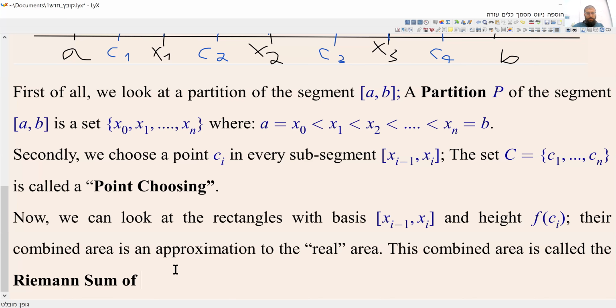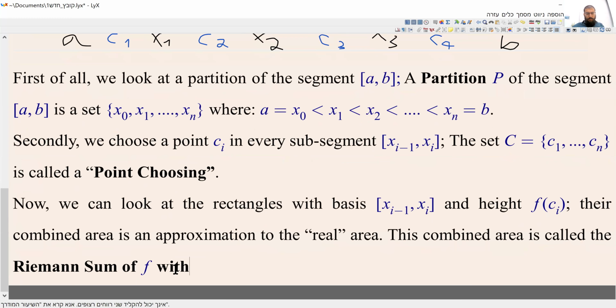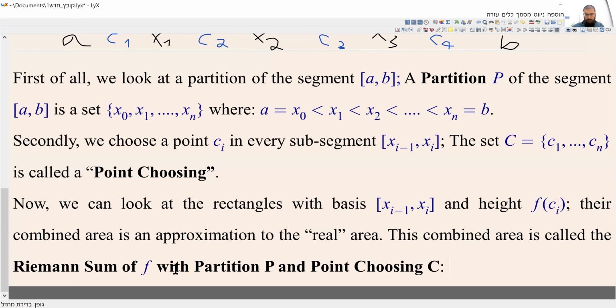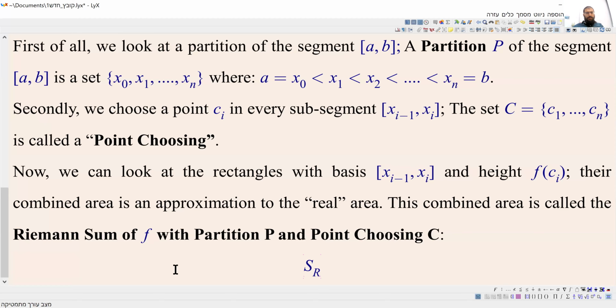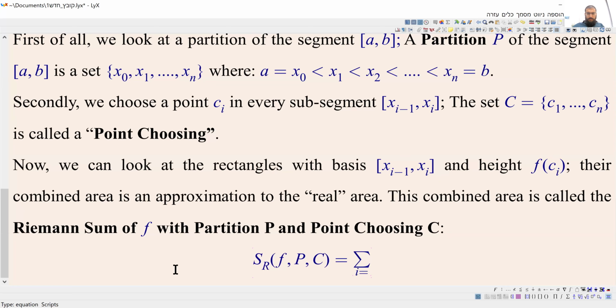Riemann sum of f with partition P and point choosing C. We denote it with some R, because Riemann, R(f, P, C). It is actually the sum, i running from 1 to n, of the area of a rectangle, base and height.